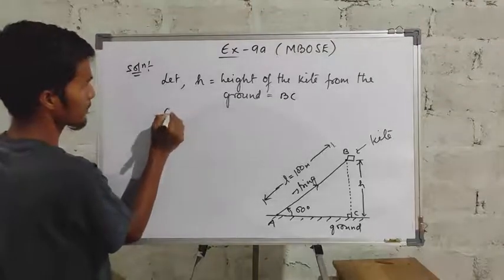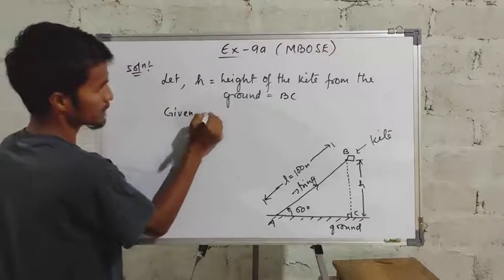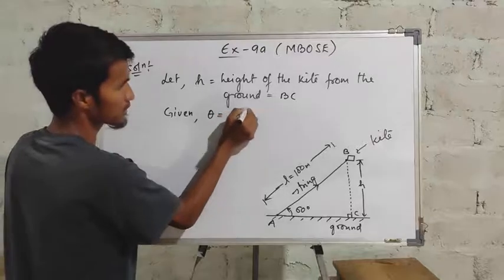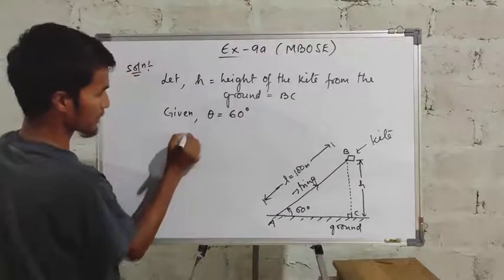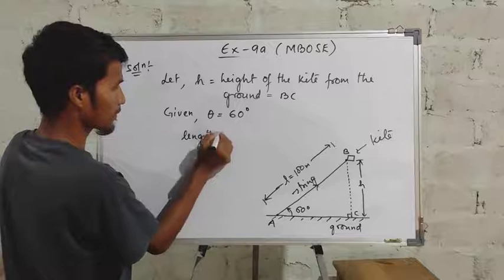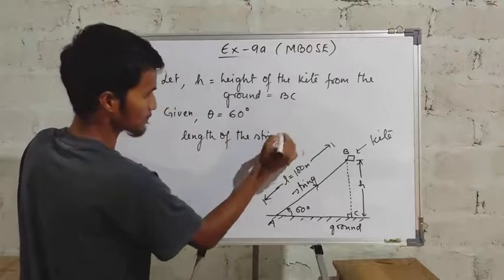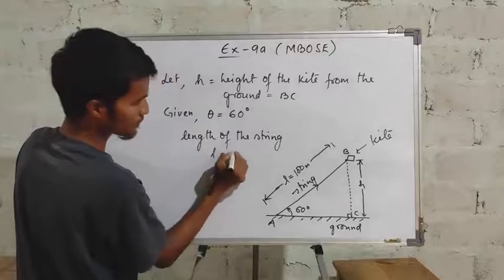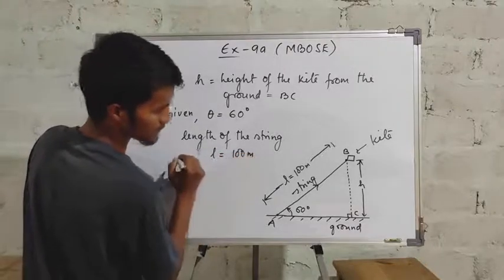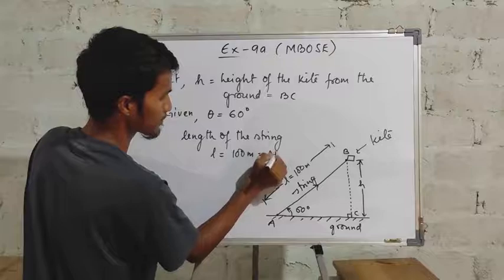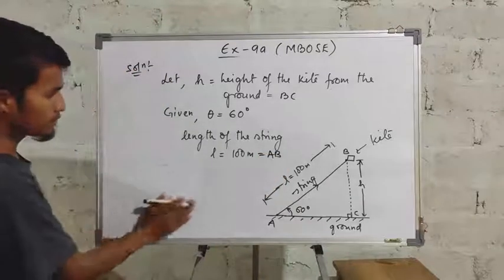And given theta is equal to 60 degrees, and the length of the string L is equal to 100 meter. This is equal to AB.